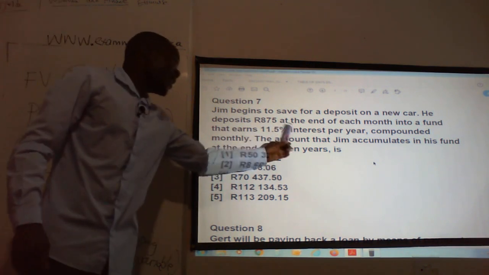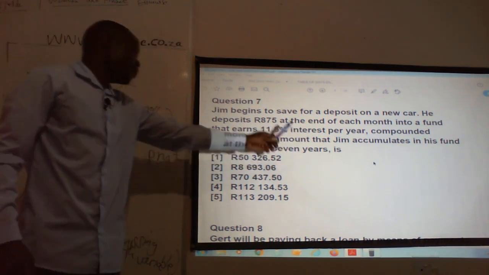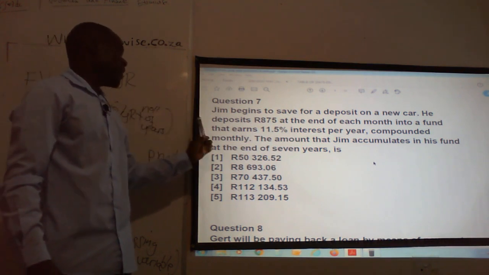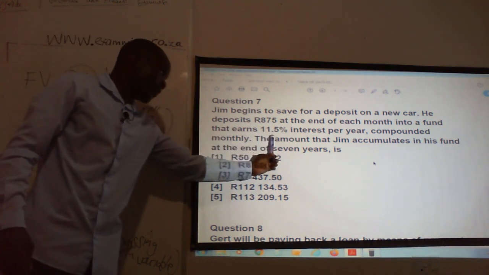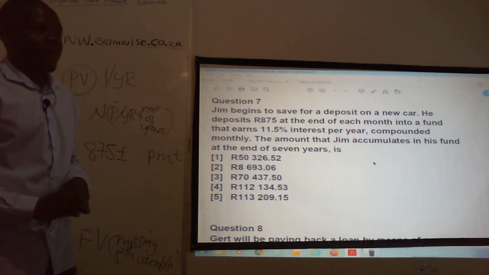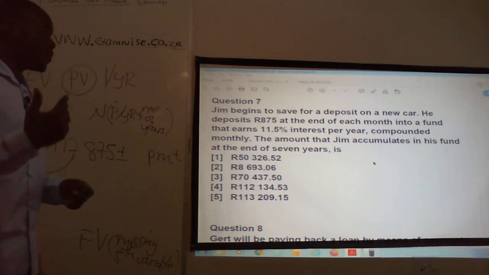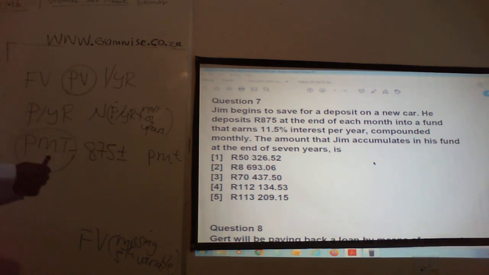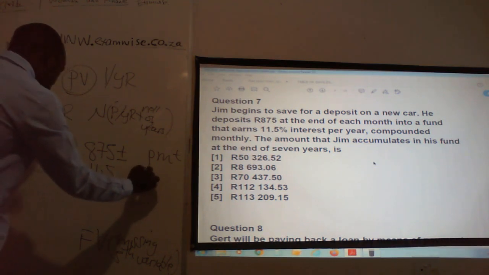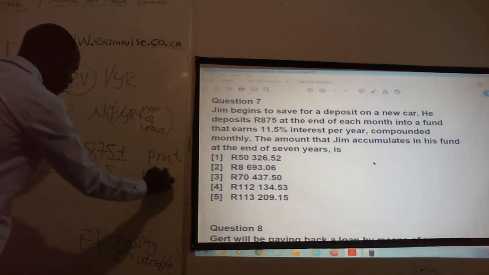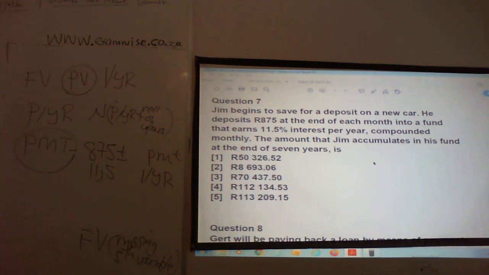They said at the end of each month, into a fund that earns 11.5 interest per year. So our interest rate is 11.5, which is our second variable. We enter it as it is because we are using a financial calculator, then we press 1 over YR.